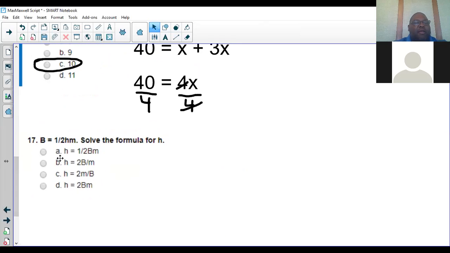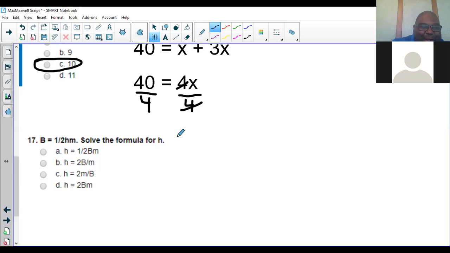So if B is 1/2 H times M, solve for H. Solve for H. Okay, so I could write this. Almost forgot my laptop's not touchscreen.